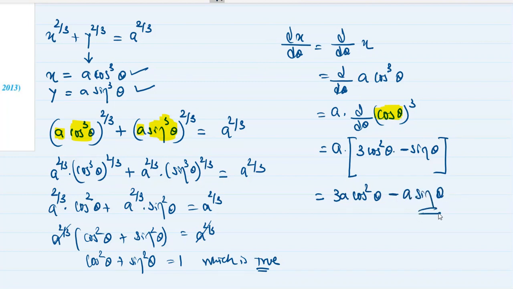Hey, wait. There is no minus sign. This itself is minus. There is a multiplication sign over here.